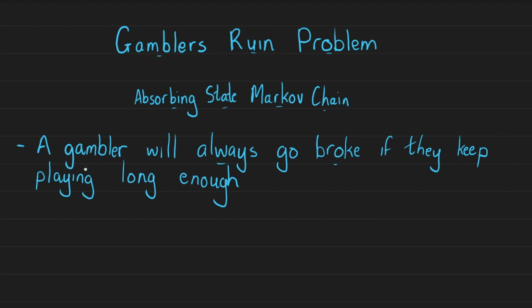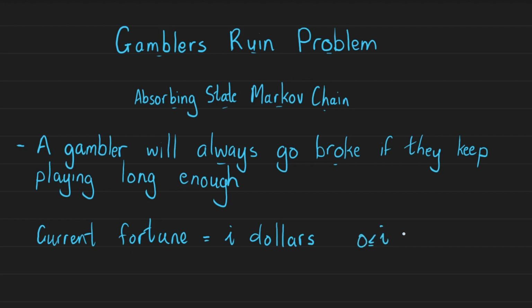We're going to start off by saying that the gambler has some amount of money right now. We're going to say that the gambler has a current fortune. So this is the current fortune of the gambler, and we're going to say that it is i dollars. And we're going to say that i is going to change, and it's going to end up between 0 and N every time the gambler plays a game.